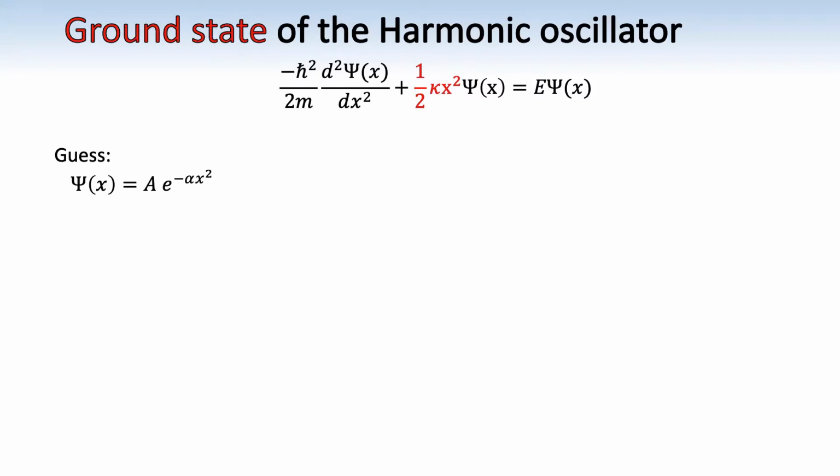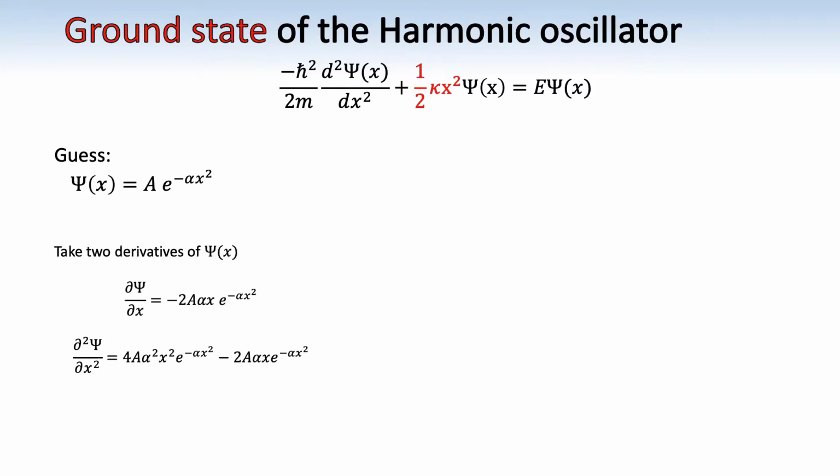Okay, so let's go to the next step. In order to plug this into this equation, we need the second derivative. So you differentiate it once and you differentiate it again, and we get this quantity here. So I'm going to substitute this in here, all right?